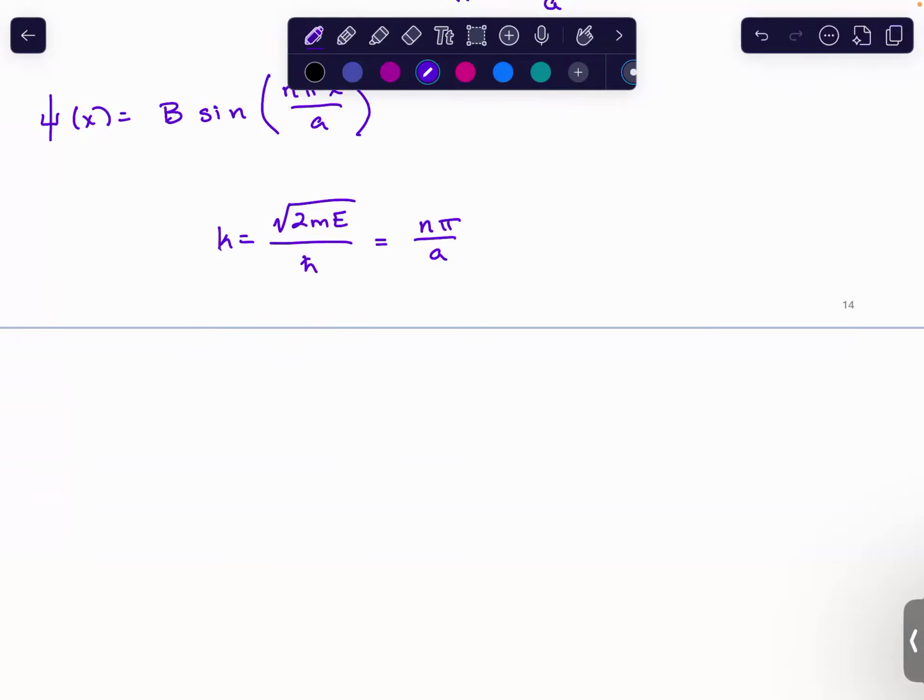Let's square both sides. 2 m e, and we could change that to m sub e, mass of the electron, over h bar squared, equals n squared pi squared over a squared. And when we solve this, so these are going to be our energy levels for that electron.